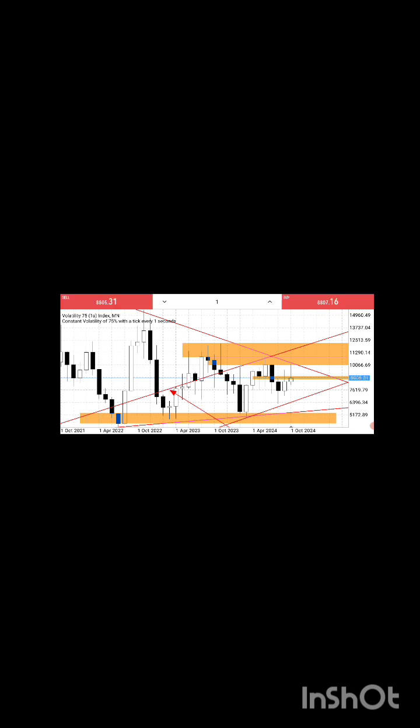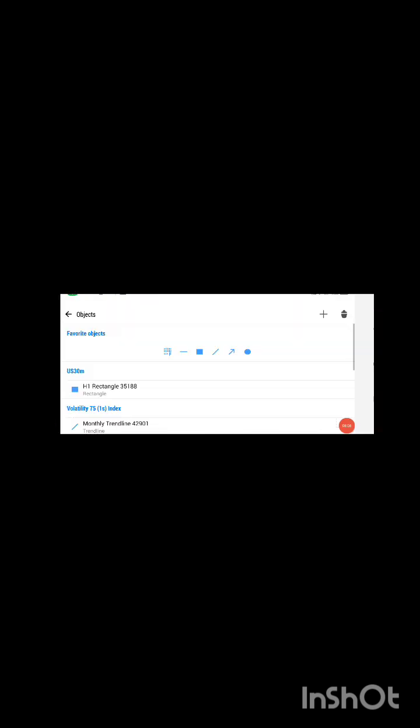Now the information we are getting is that the market is likely going to create a sell signal in the monthly time frame.